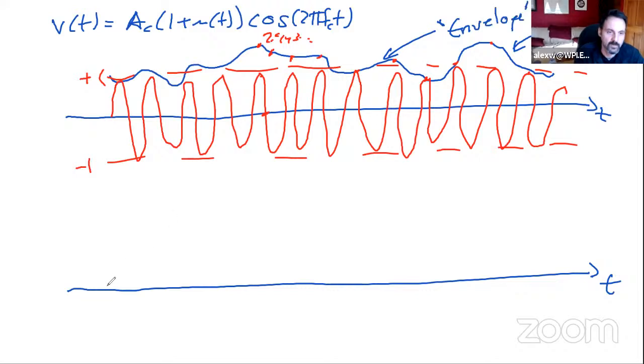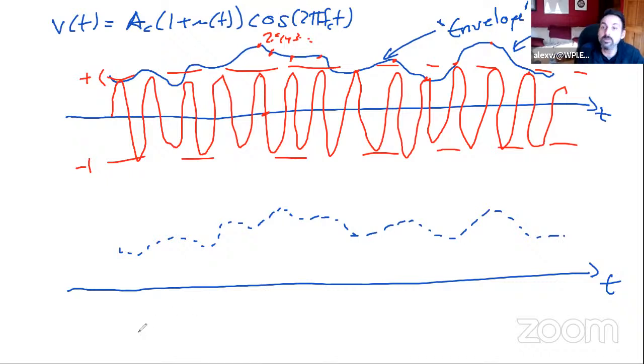So what it will look like is, let me draw this. And then there's a mirror image, because remember, minus 1 times this is going to be the negative version of this. So there's going to be a flip side.